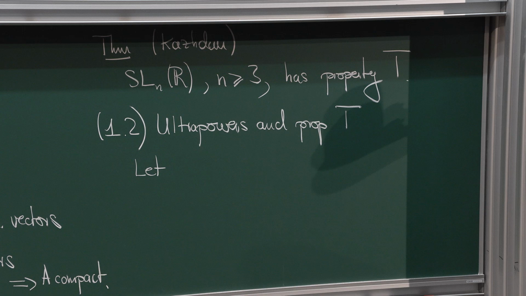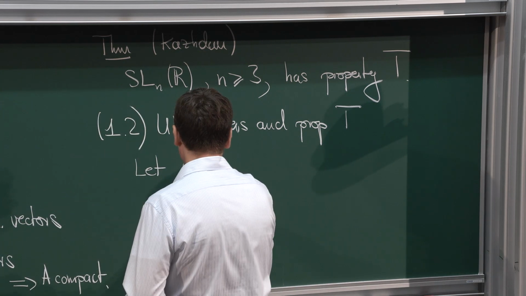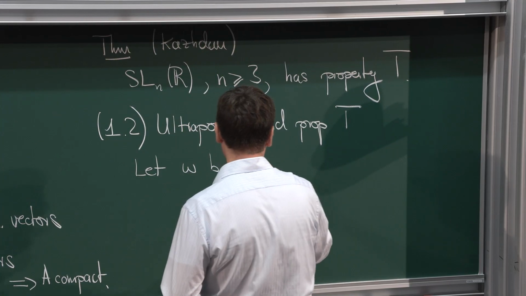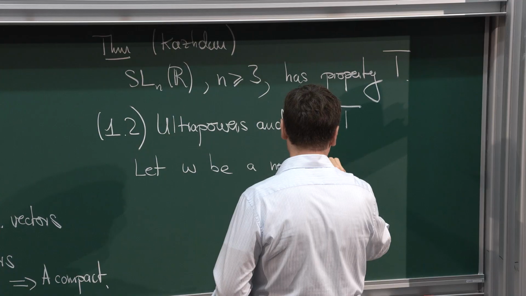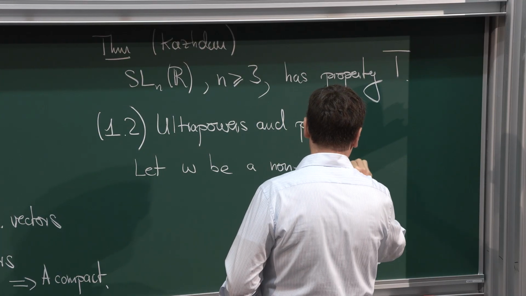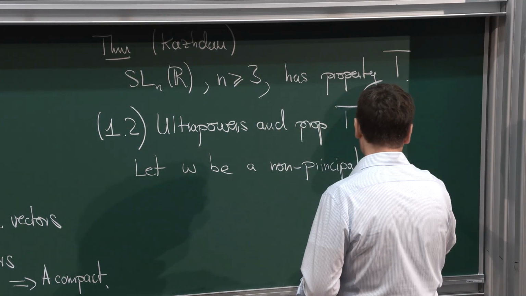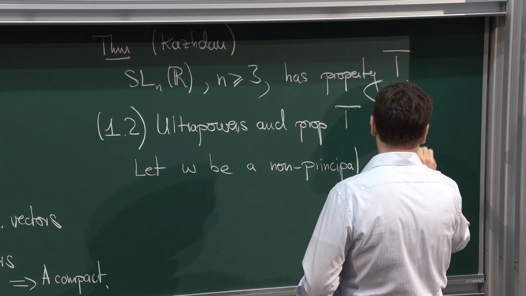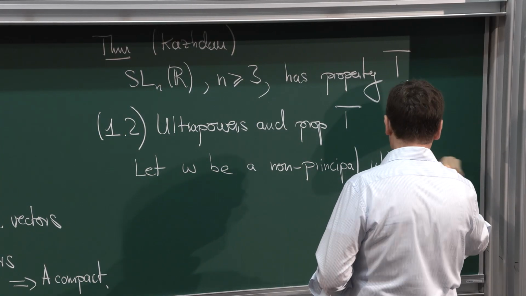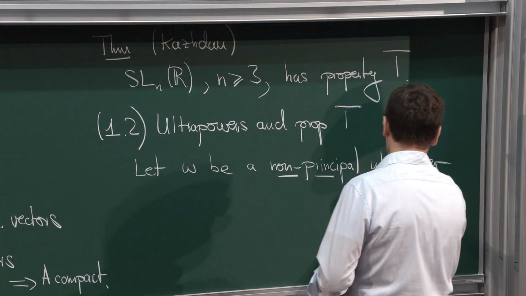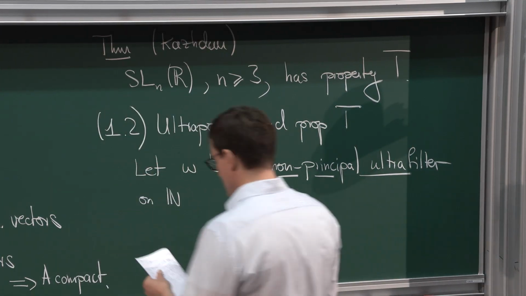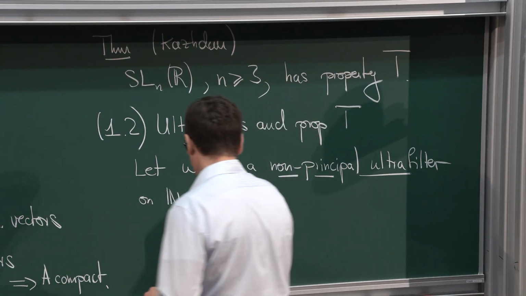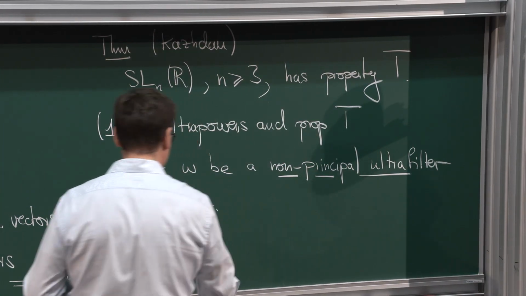I assume that you somehow heard what an ultrafilter is, but let me say what it is. Let omega be what's called a non-principal ultrafilter on the natural numbers. And there are some axioms that tell you what this means.